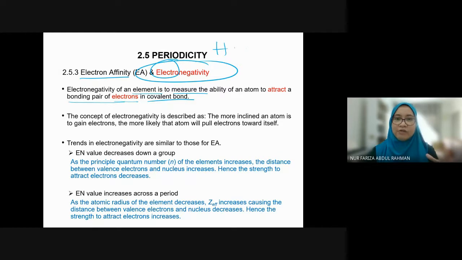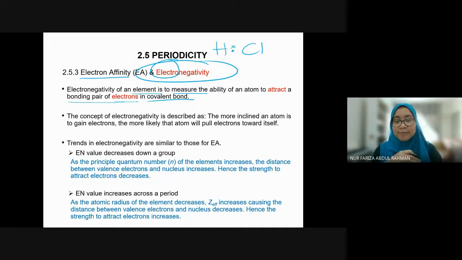HCl. We know that H and Cl form what we call hydrogen chloride, a covalent bond, so they share electrons. By right, if we say share, you should share. These both atoms should share the electron equally.